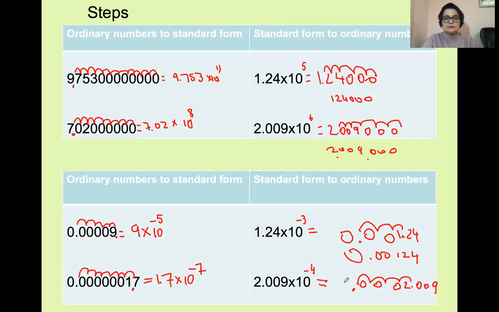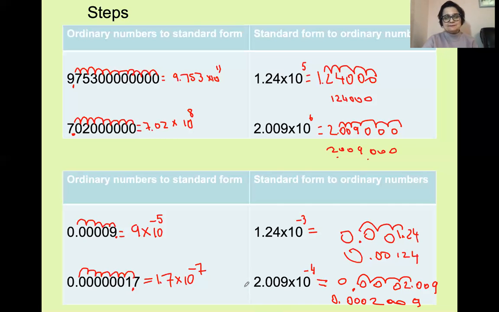This is where the new decimal point should be, 0. So the new number is 0.0002009. All right. It might sound a bit complicated, but once you get the hang of it, the conversion becomes a lot easier.